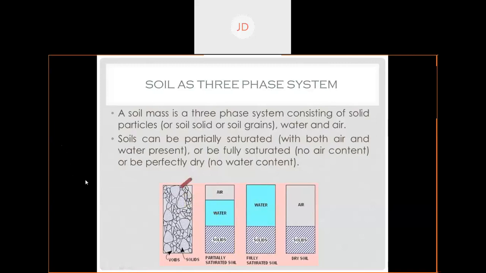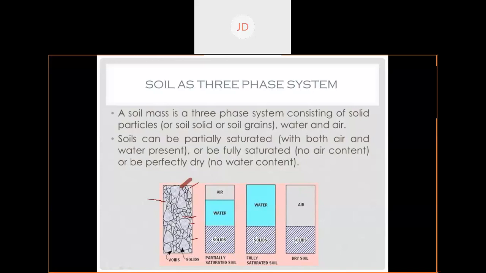So this one is a gap, isn't it? This one is a gap. Here also this one is a gap. Here also. So many gaps are there, small and large, between the soil particles.